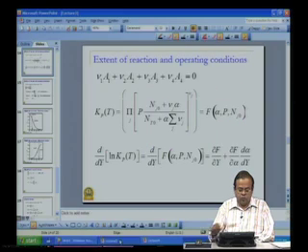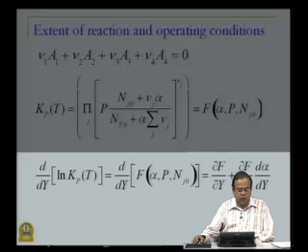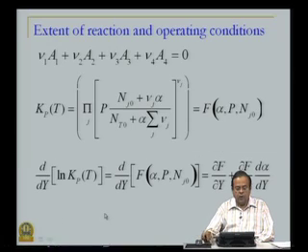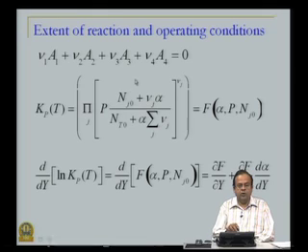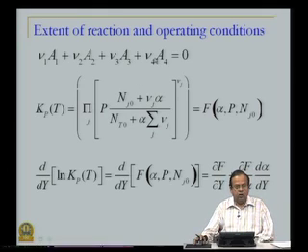Let us go back to our condition of equilibrium and re-examine this for, let us say, this general reaction nu1 A1 plus nu2 A2 and so on equal to 0.